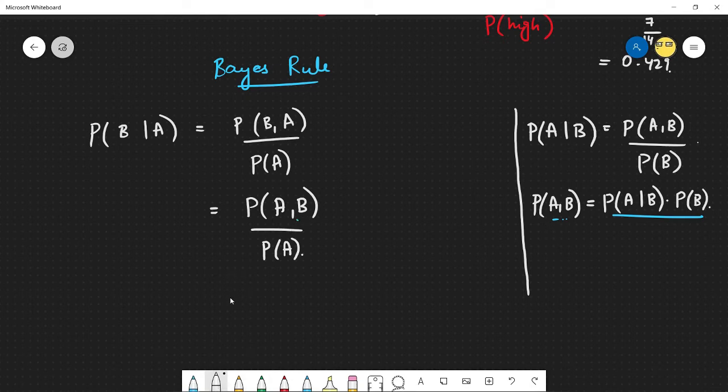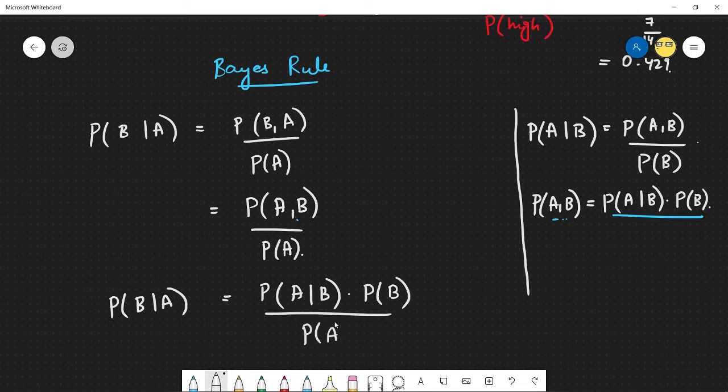So you're going to end up with the probability of B given A is in fact the probability of A given B times the probability of B divided by the probability of A. And that is Bayes' rule. The idea that we can flip the conditionality and come up with a way to find B given A using A given B, and not just those pesky joint probabilities.